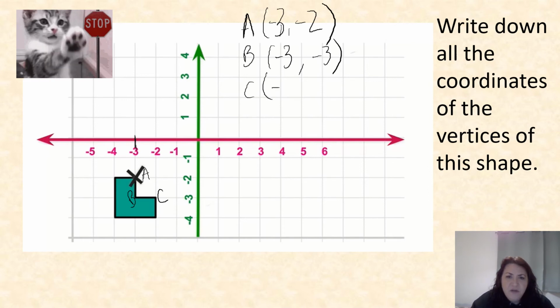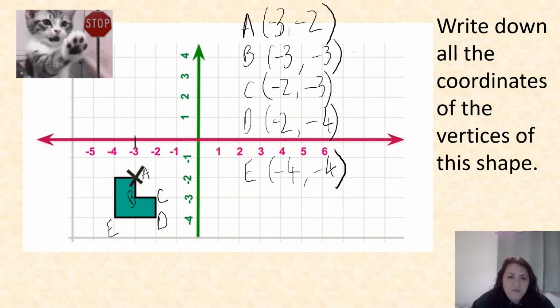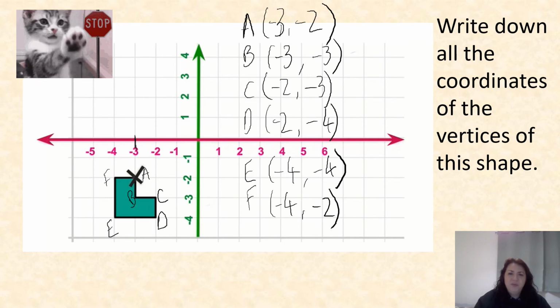They're all quite similar, aren't they? D will be this one, which is -2, -4. E will be this one, which is -4, -4. Very similar. Lots of patterns. And then the final one up here is F, which is -4, -2. Did you get all those? You probably didn't label them the same as I did, but hopefully you got all those.